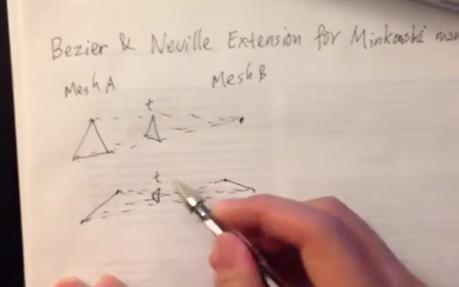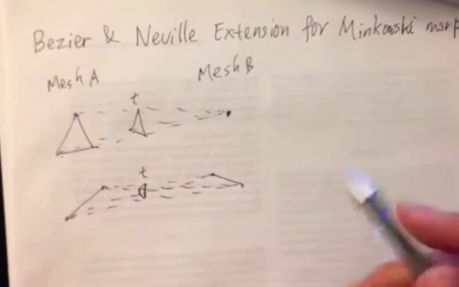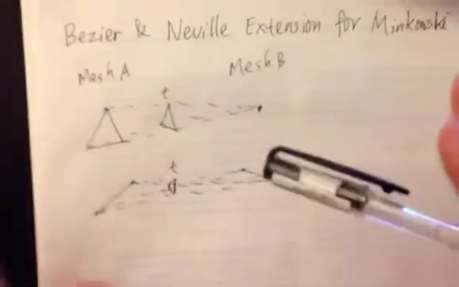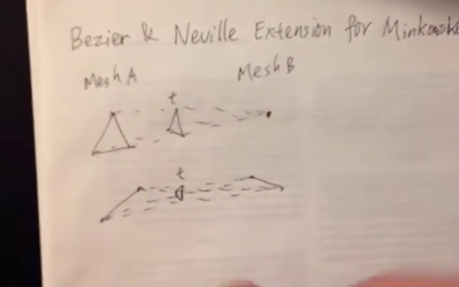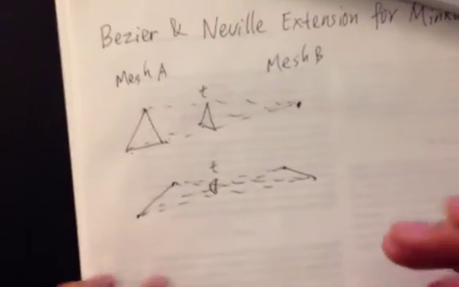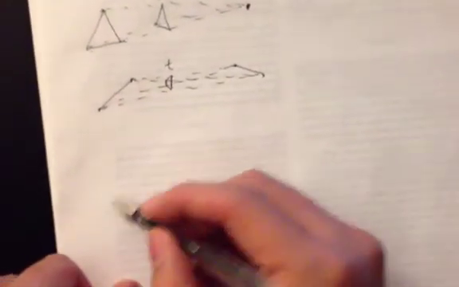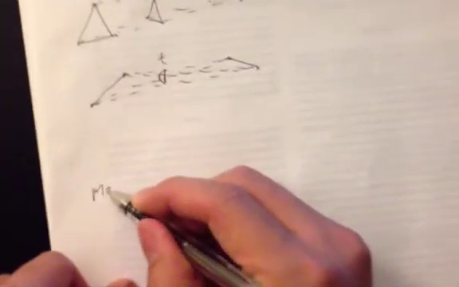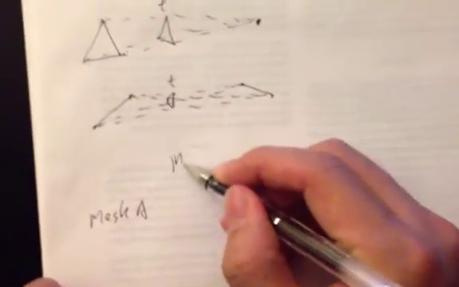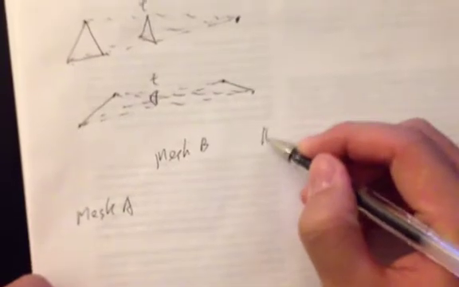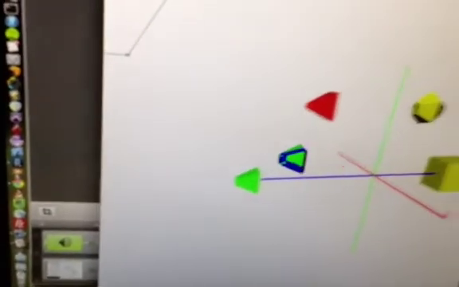So at time t, there will be something like this. Okay, so this is the two mesh case. So how do we extend this idea to 4 meshes?